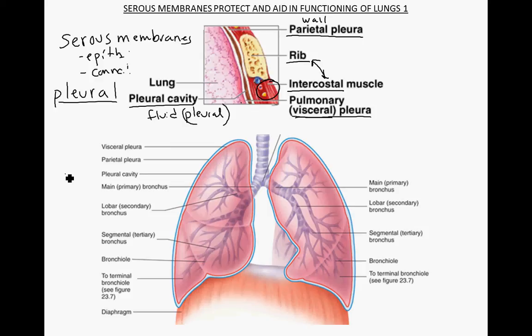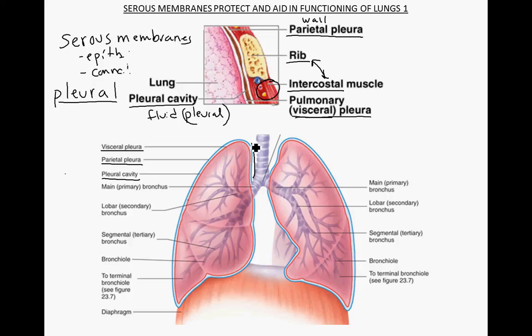So in this diagram down here, the blue part is the parietal pleura. The white spot in the middle there is the pleural cavity with the pleural fluid in it. And then the red lines are the visceral pleura. And we see that the pleura go all the way around the lungs.